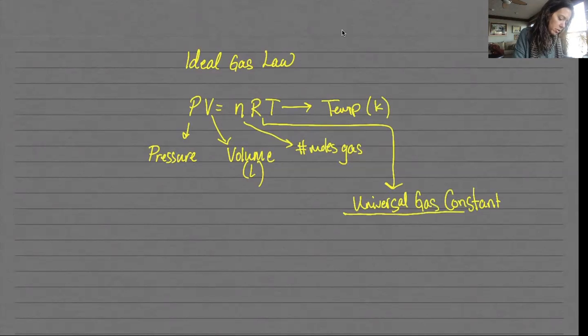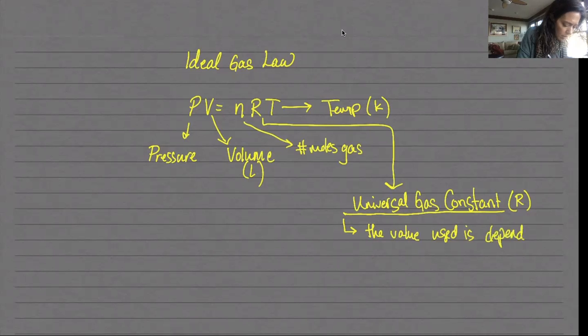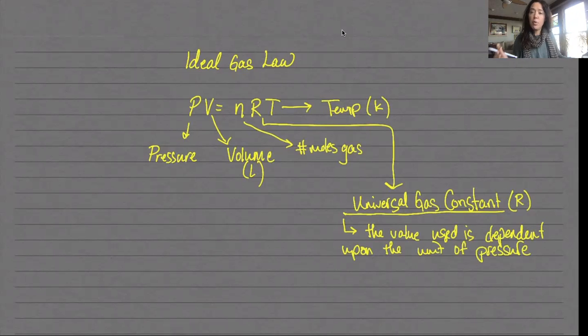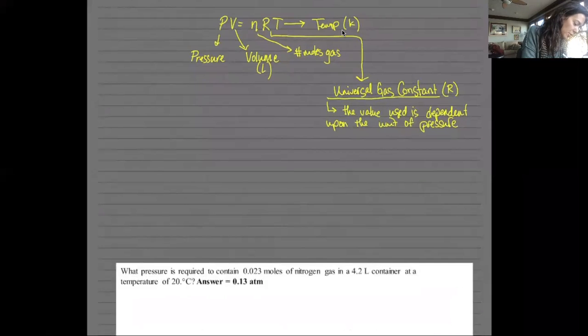All right, so let's talk about our universal gas constant, R. The value used is dependent on the unit of pressure. So there are several different R values, and the one you use depends upon the unit that your pressure is being measured in. Let's put that into a chart, that'll be easier, less words.